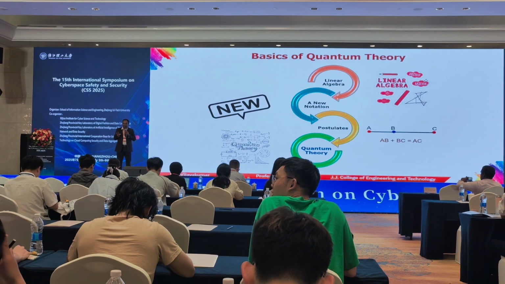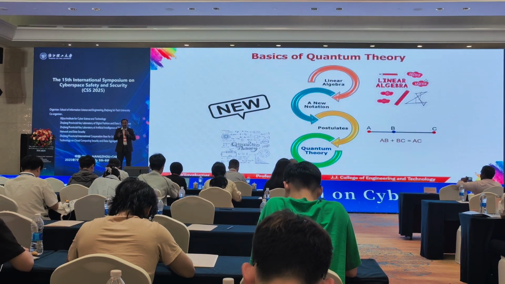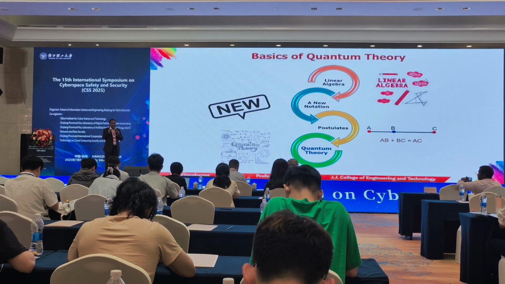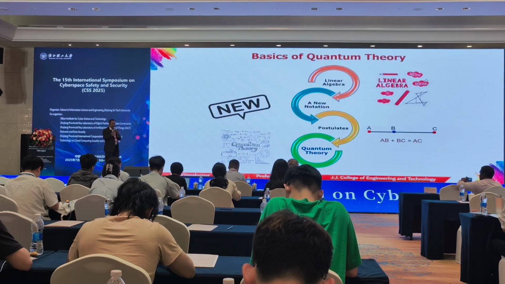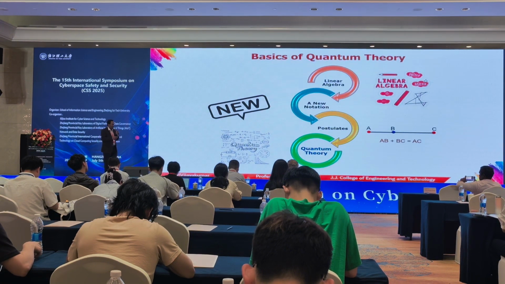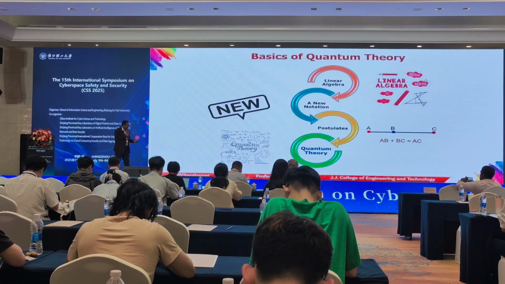We have to use probability theory to measure the output of any operations in quantum computing. But classical computers are not like that. So postulates means you need to understand how to define the state of a system, how to do the quantum operations on a system, how to measure the output from the system. These are the three things required for understanding postulates. And new notation, I'll show you the new notation in the next slide.